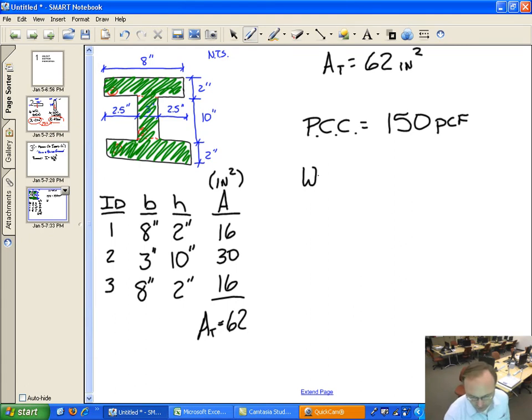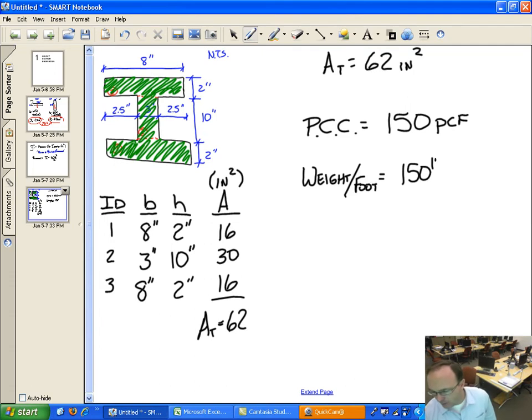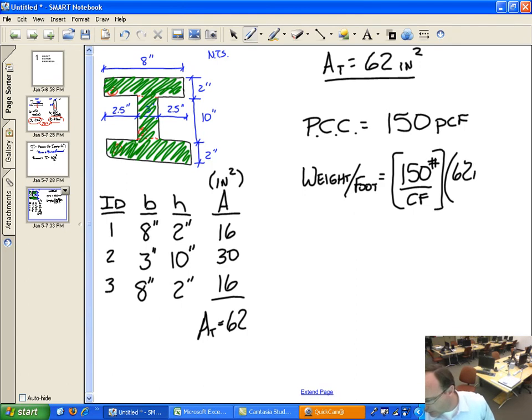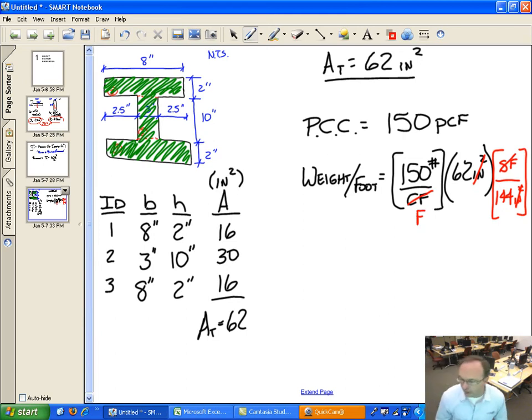Well, then our weight per foot of this beam is going to be 150 pounds per cubic foot times our total cross-section area of 62 inches squared, right? And then we got to convert that. So we know we got 144 inches squared per square foot, which will allow the inches to cancel. The square feet will cancel with this to leave 1 foot.